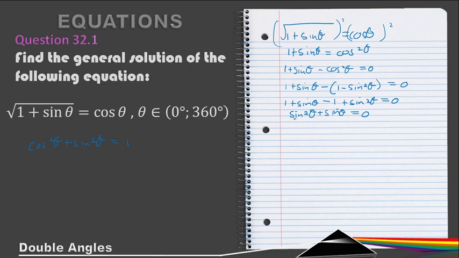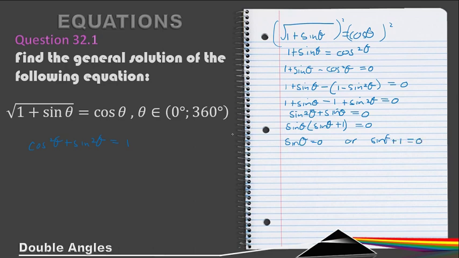If I factor out sine theta, I'm left with sine theta times (sine theta plus 1) equal to 0. Then I can say sine theta equals 0, or sine theta plus 1 equals 0.